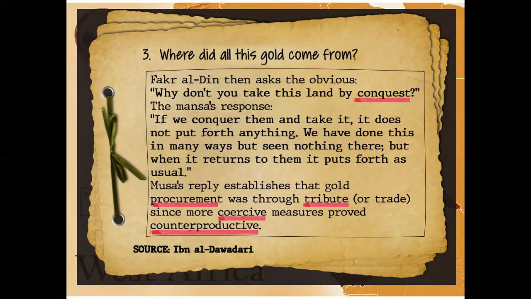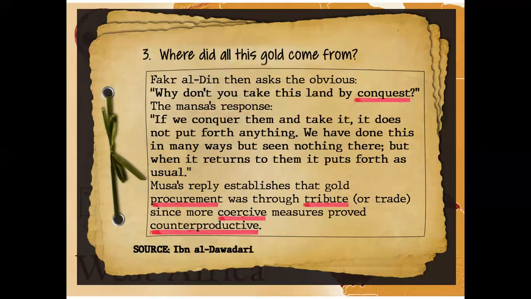So you do have to know how to look and where to look. And so what we are finding out from this source is essentially that these Christians in the Takrur region, right outside of the Malian kingdom, that is not controlled by Mansa Musa, are by no means as powerful as the Malian kingdom or as Mansa Musa, but the one sort of leverage they have is that they're the ones who know how to find the gold.